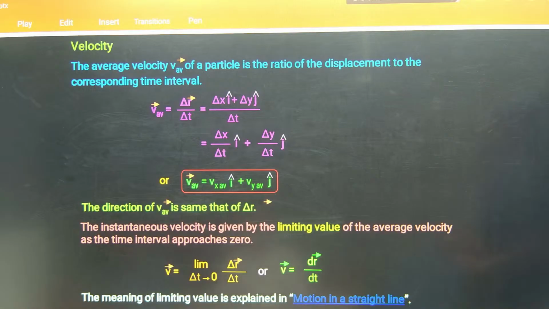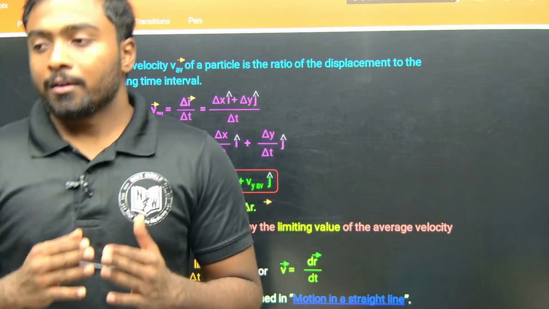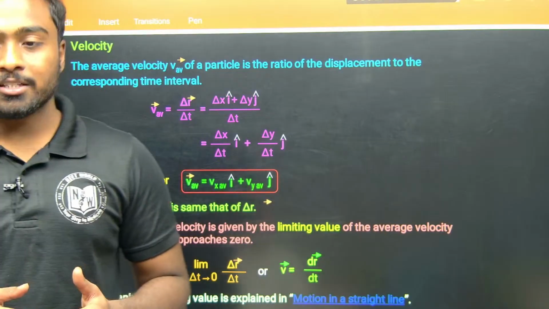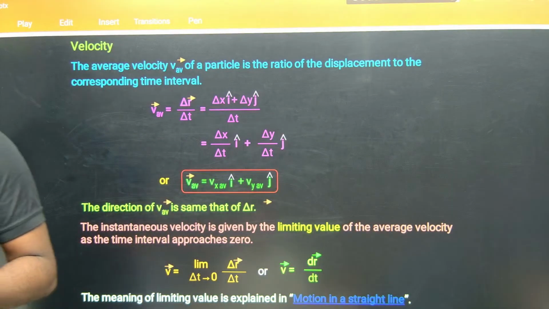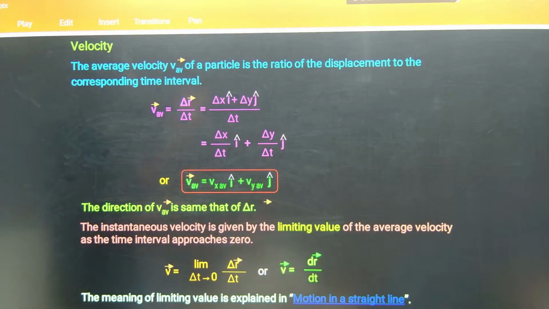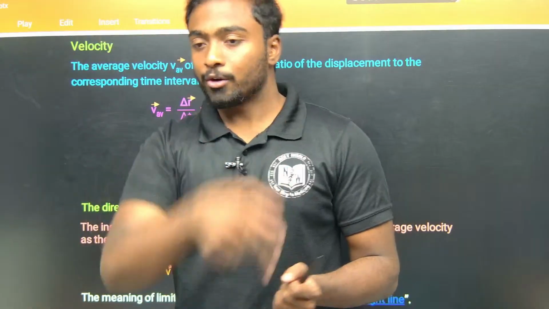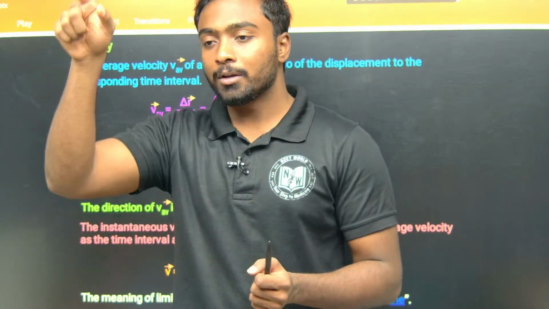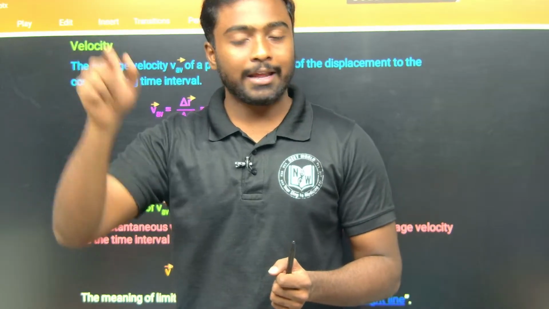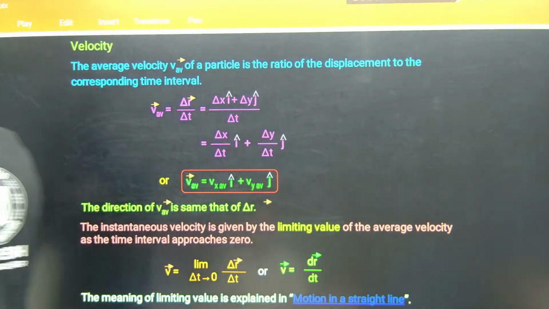So if a graph is given and I want to find the direction of the velocity, take a tangent at that point. The tangent will give the direction of the velocity. So if a circular motion is taking place, okay, this is the direction, anti-clockwise direction. If I take a point over here and draw the tangent, that will be my direction of the velocity.